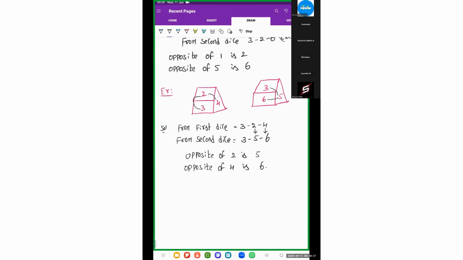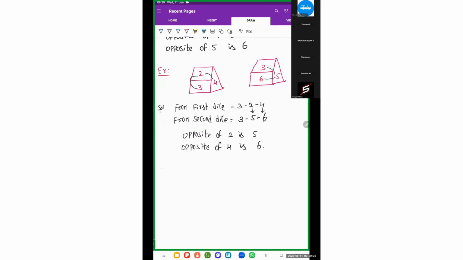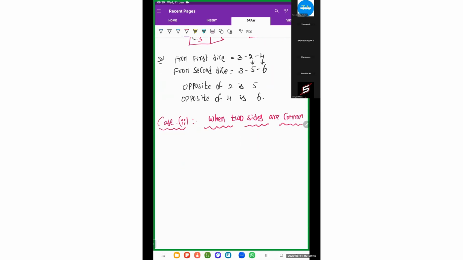So case 2 is when two sides are common. When two sides are given as common, what is the opposite of that?